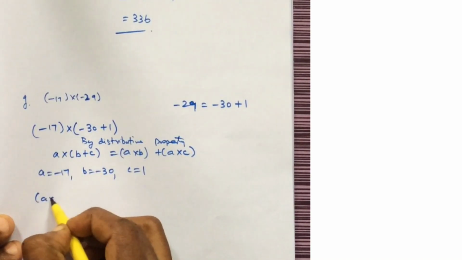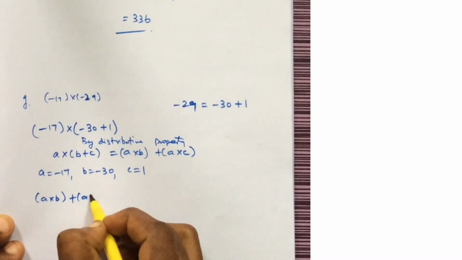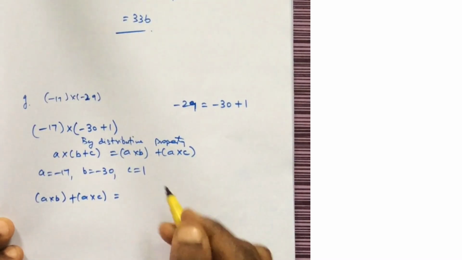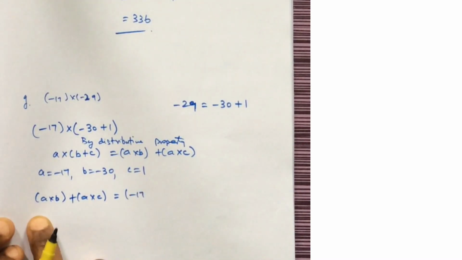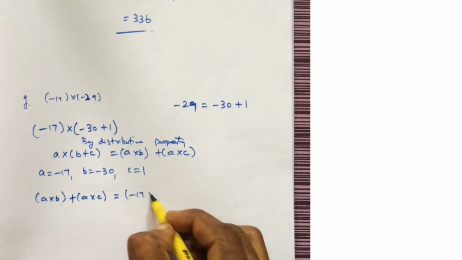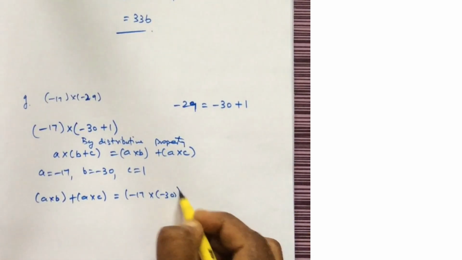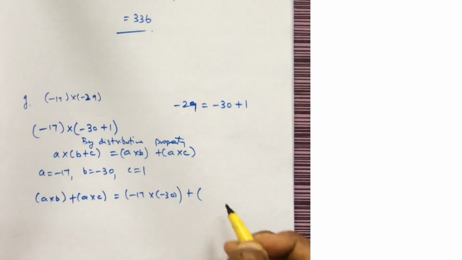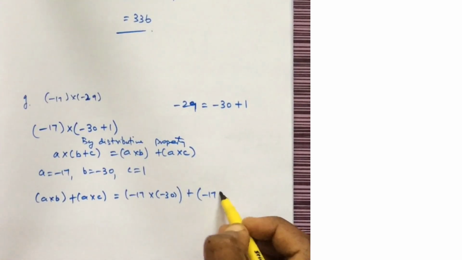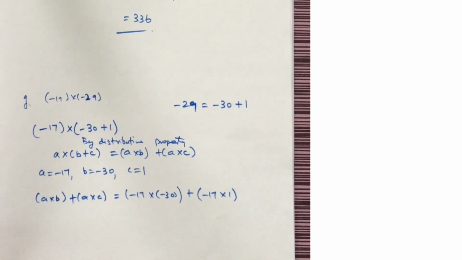What is that? A multiplied by b plus a multiplied by c, that is equal to minus 17, which is a, multiplied by b, that is minus 30, plus what is a, minus 17 multiplied by 1. So here minus into minus is plus, 17 multiplied by 30 is 510.